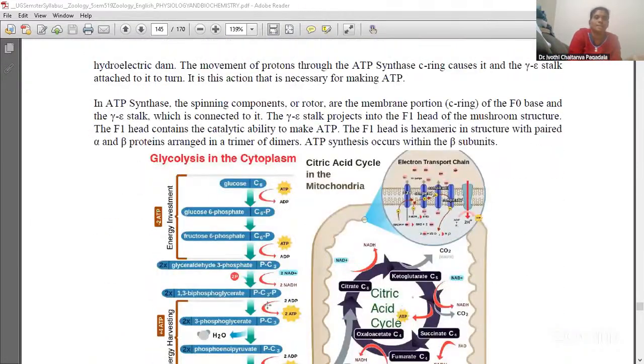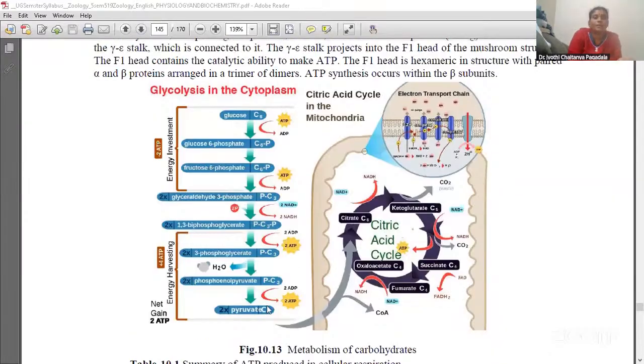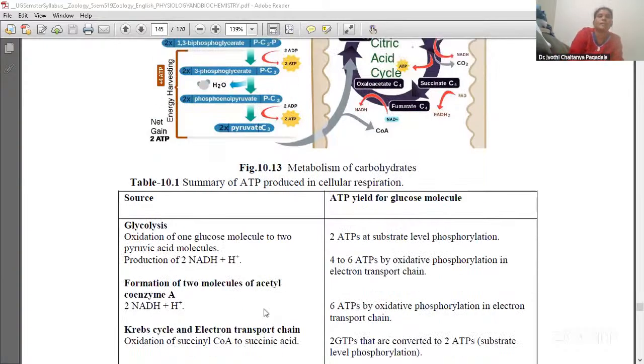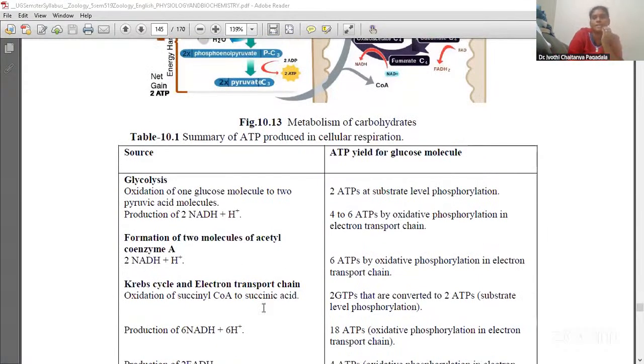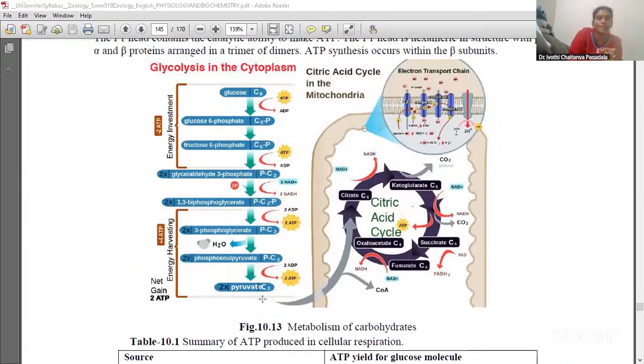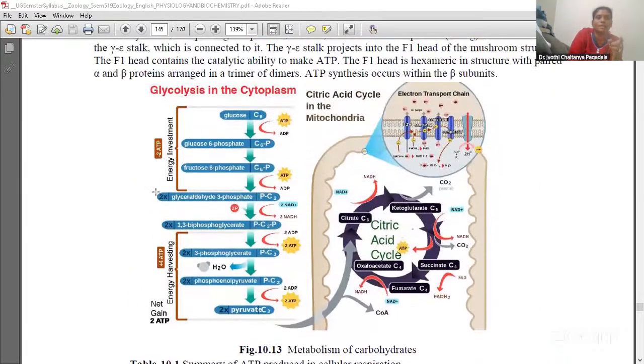Next, our topic is how much ATP energy is generated in cellular respiration. Here, in the case of glycolysis, as we discussed, you can see the structure of glycolysis, the pathway of glycolysis in the cytoplasm.